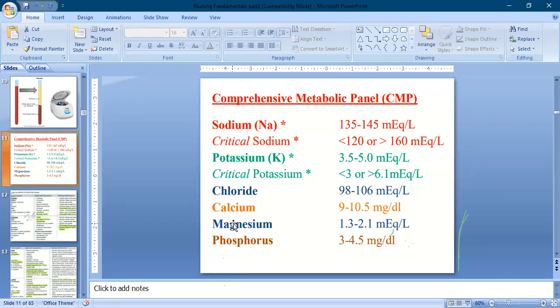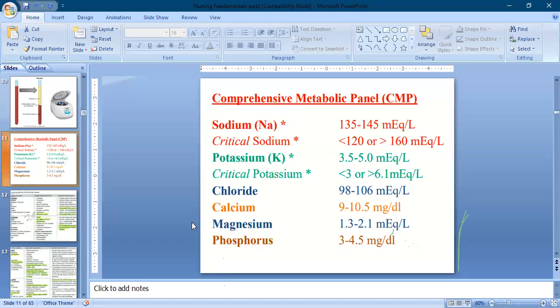In case of fluid volume excess, the complication that may develop is pulmonary edema. If fluid volume deficit, complications develop like hypovolemic shock, or administer oxygen, colloid, or the patient develops vasoconstriction. This is a complication.